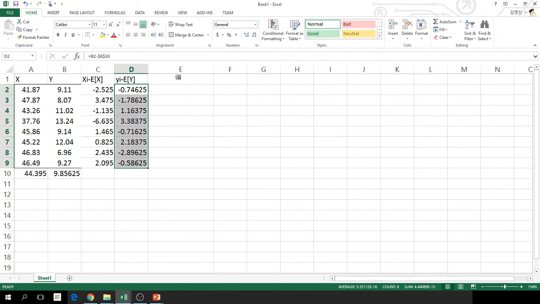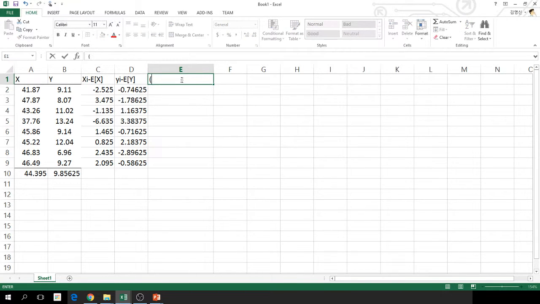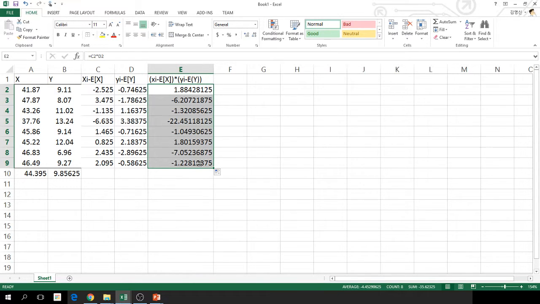And here we will multiply xi minus the mean of x by yi minus the mean of y. So this column is this number times this number, and repeat for all.